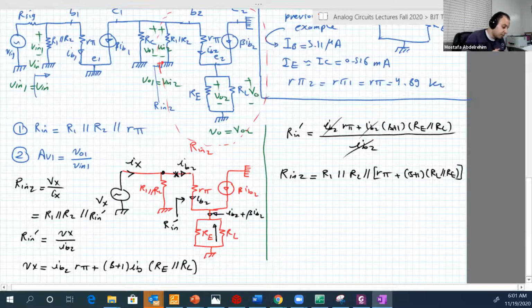Nice. Now we can remove all the second stage and just put our R input 2 instead of it. So the circuit will be in this way.